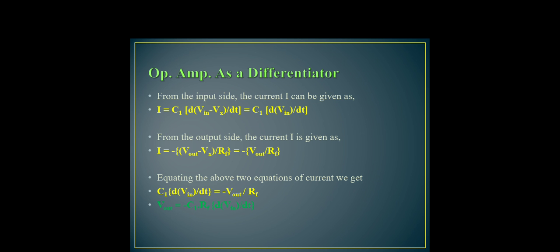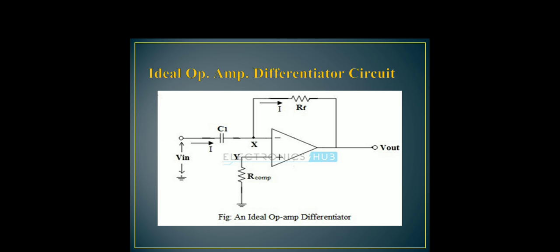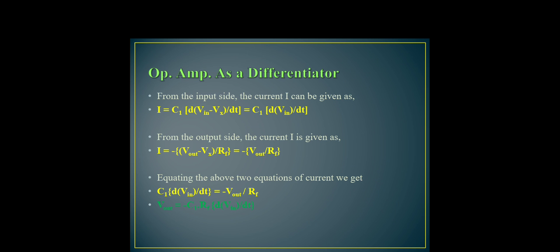And now from the output side, the current I can be given as minus (Vout − Vx) divided by Rf. Again, Vx is equal to 0, therefore I = −Vout/Rf. The output side current I is equal to what? Minus Vout divided by Rf.